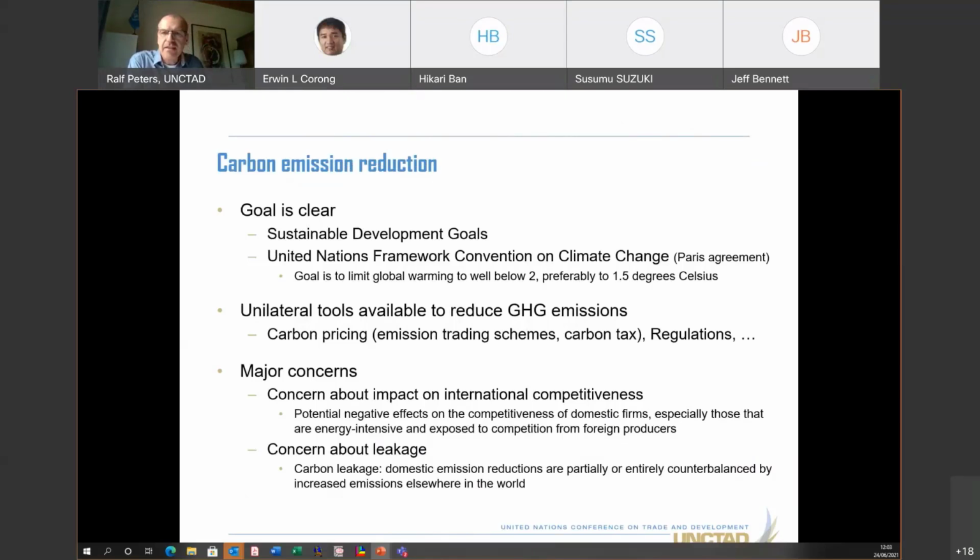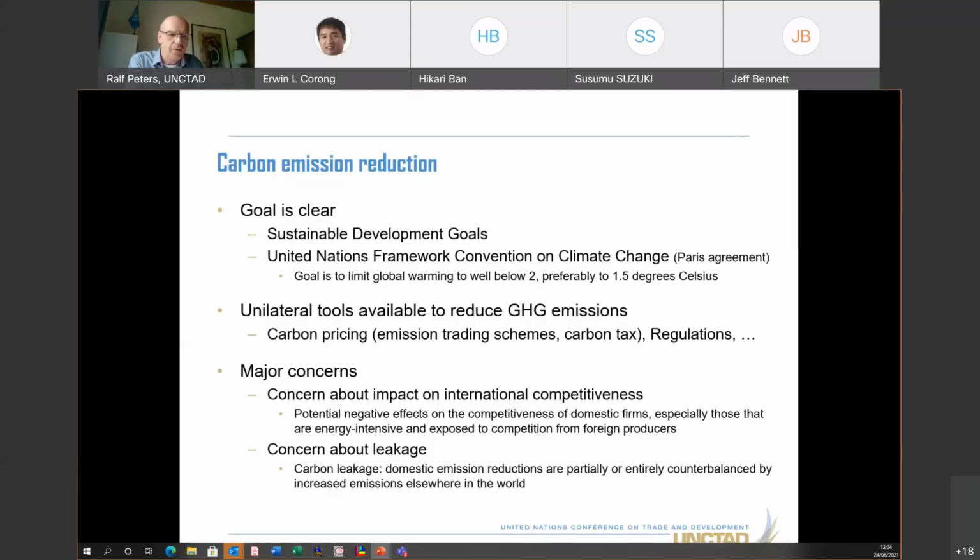And it is clear that carbon, or more in general greenhouse gas emissions, have to be reduced. There are several unilateral measures that can be taken, including carbon pricing, or there could be strong regulations. So there are unilateral tools that are available here.